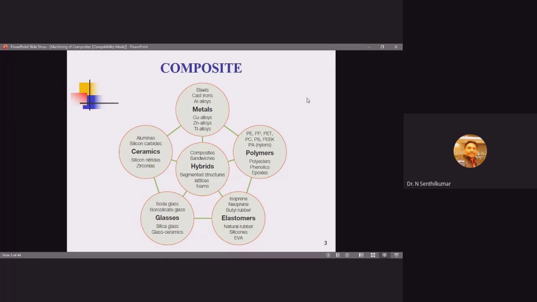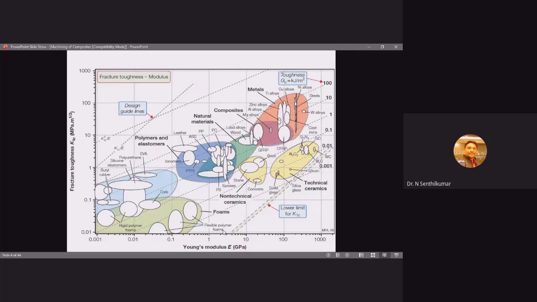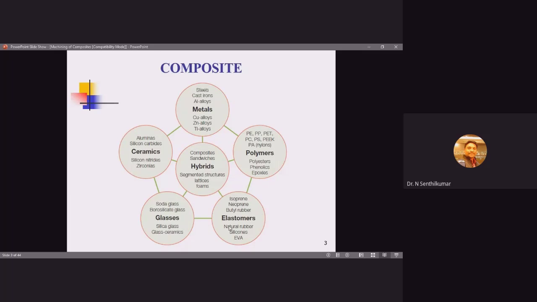Then we have the glass fiber, silica glasses. Then elastomers, butyl rubbers. Nowadays we are also having a good amount of research in these elastomers, because they are mainly used in high temperature applications. For example, look at a gasket or a washer.